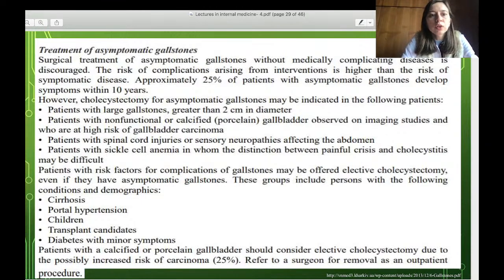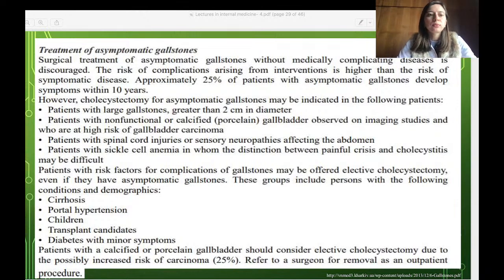Patients with large gallstones greater than 2 cm in diameter, patients with a non-functional or calcified gallbladder observed on imaging studies and who are at risk of gallbladder carcinoma. Patients with spinal cord injuries or sensory neuropathies affecting the abdomen.